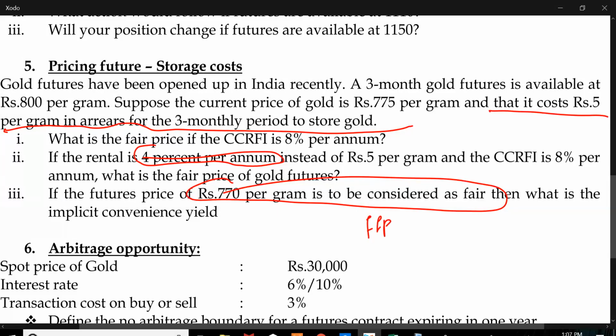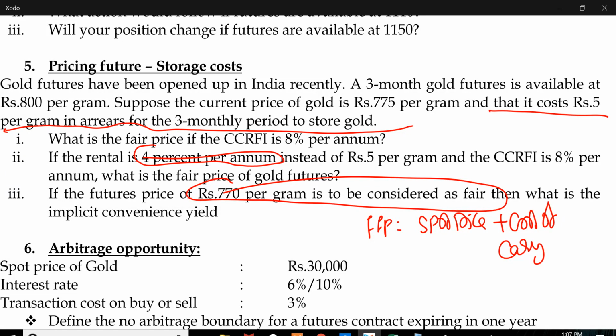Fair futures price is equal to spot price plus cost of carry. In your example, 798 was the fair futures price, spot price was 775 plus the cost of carry was 23.60. But now these guys are not agreeing on 798. They are saying the fair futures price is 770. That is because of an item called convenience yield. I'll explain what convenience yield is now.